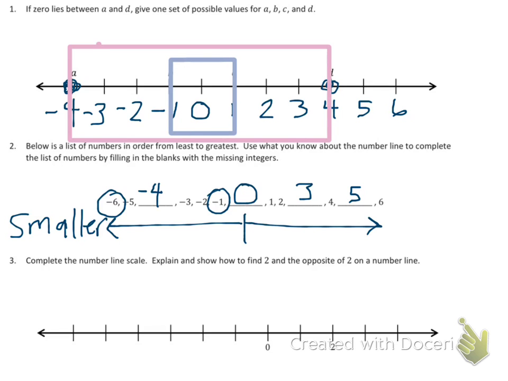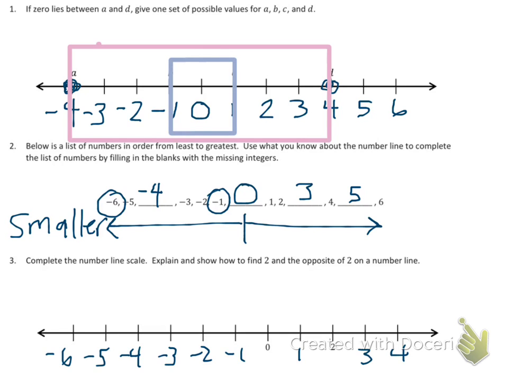And then lastly, number 3, complete the number line scale. Explain and show how to find 2 and the opposite of 2 on the number line. Well, if I complete this, that's a 1, this is a 3, that's a 4. Overhead I have -1, -2, -3, -4, -5, -6.